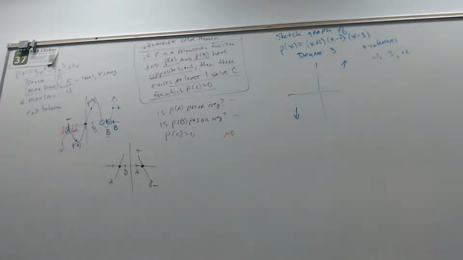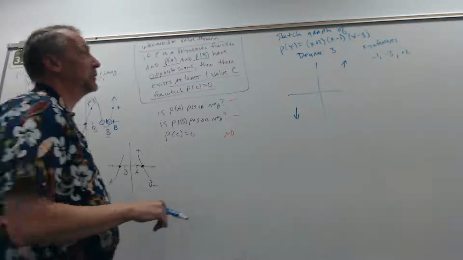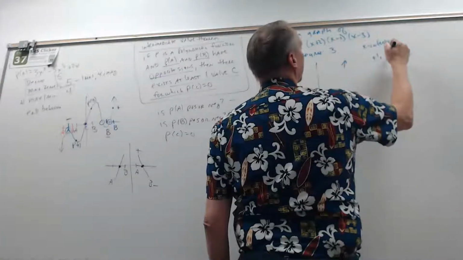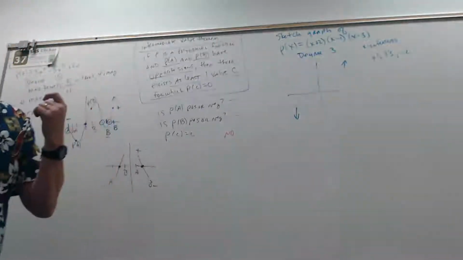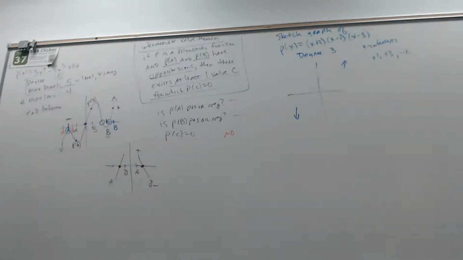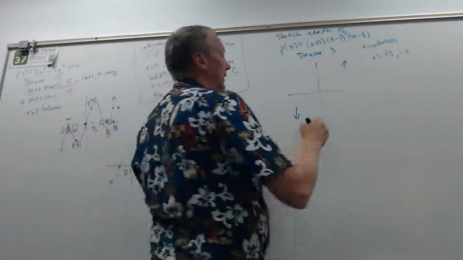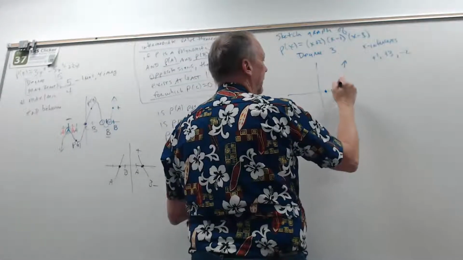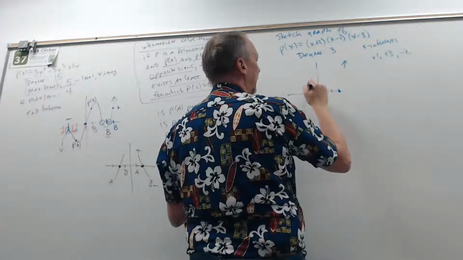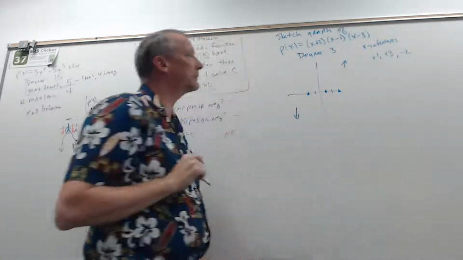What do you think, Jonathan? You got all your signs backwards. It's +1, +3, and -2. Remember it's in the parentheses, so it's going to be opposite. So +1, it's going to cross there, +3, it's going to cross there, and -2, it's going to cross there.